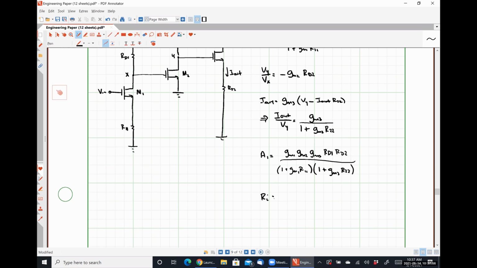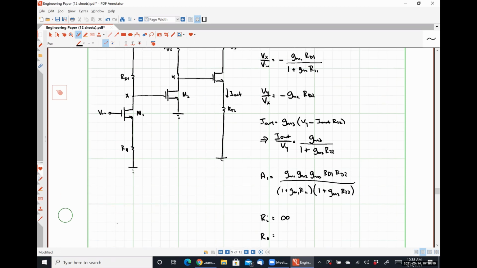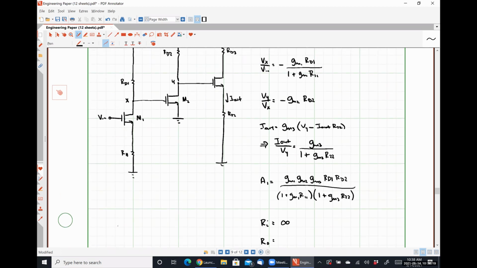My open loop input resistance this time is actually going to be infinity because I am looking at the gate terminal, not the source terminal. I apologize for my mistake earlier. Based on what we learned with the previous problem, just to be clear here, we're looking in through here to find RI, and we're breaking open this right here and looking in to find R0.